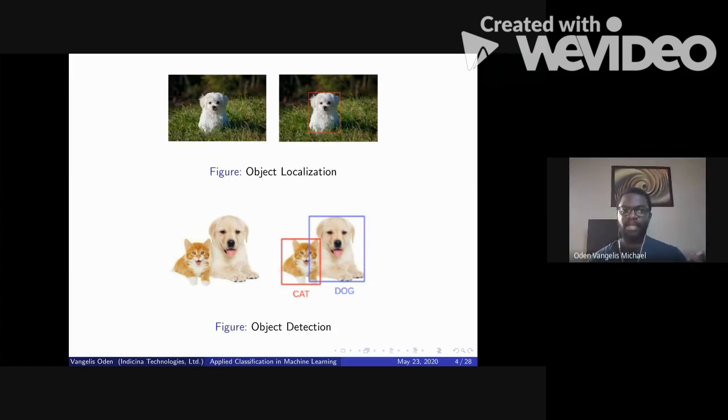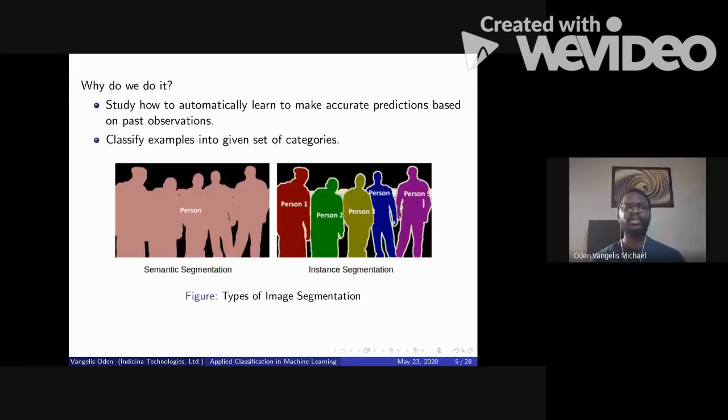We're trying to figure out where something is in an image, and that is called object localization. And the second one is called object detection, where you're trying to identify what objects are in that image.